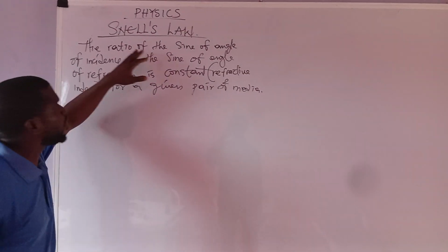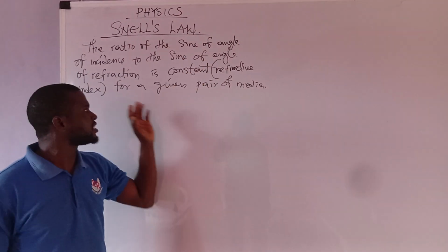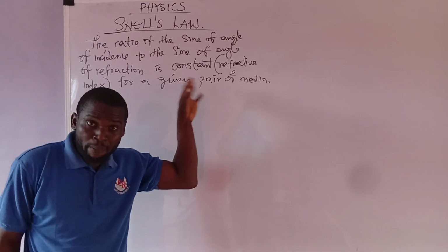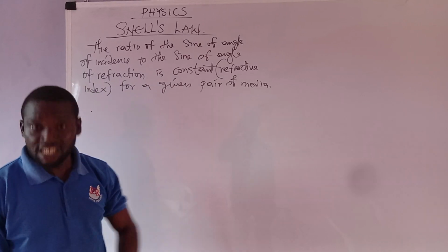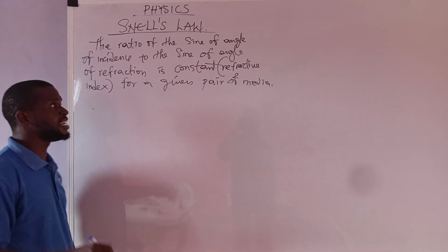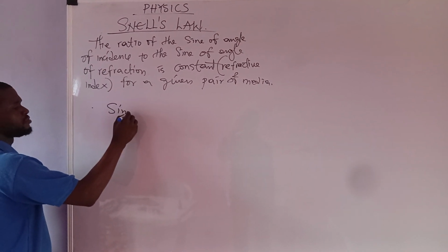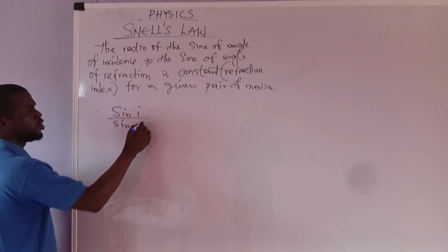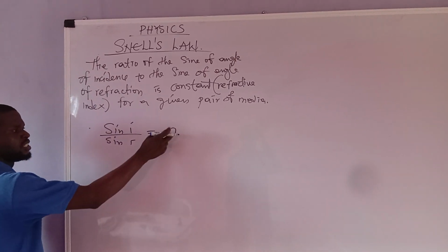So the ratio of the sine of angle of incidence to the sine of angle of refraction is constant in a given pair of media. This constant that I just talked about is what we call the refractive index.